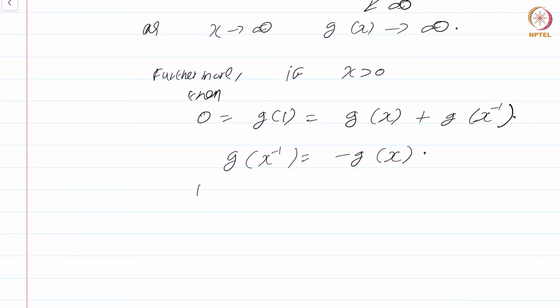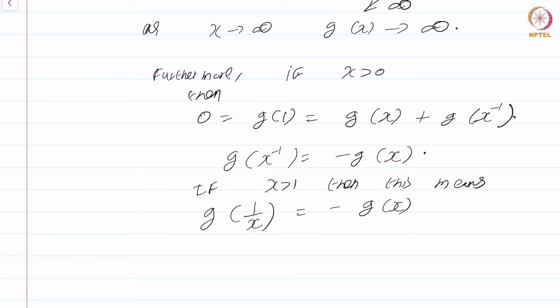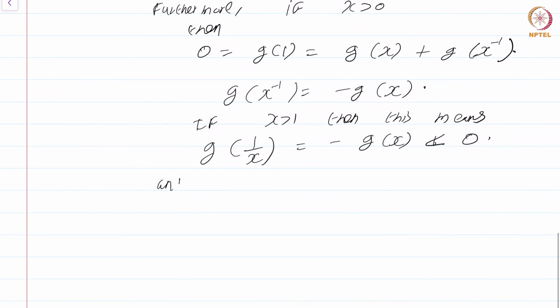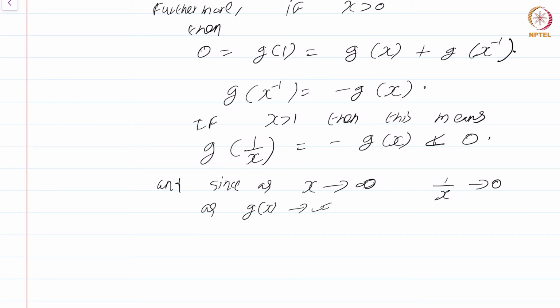If x is greater than 1, then this means g of 1 by x is going to be minus g of x, which is going to be negative. Okay. And since as x goes to infinity, 1 by x goes to 0, and g of x goes to infinity, g of 1 by x goes to minus infinity.